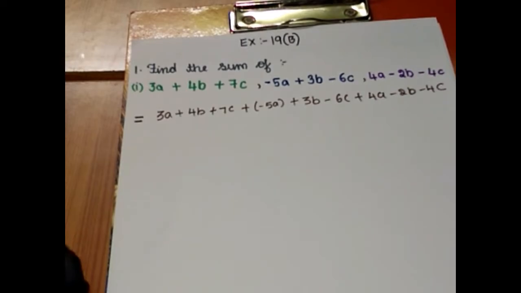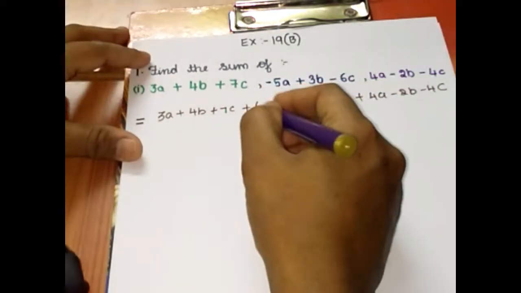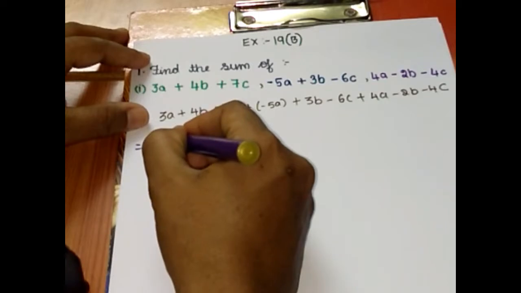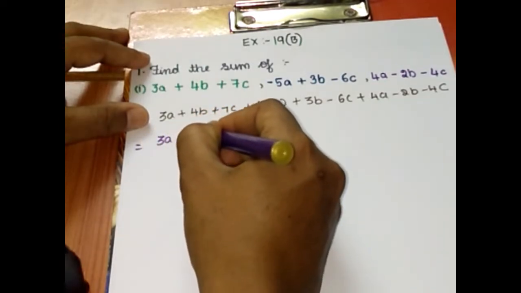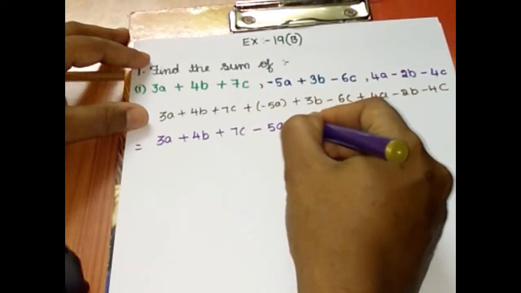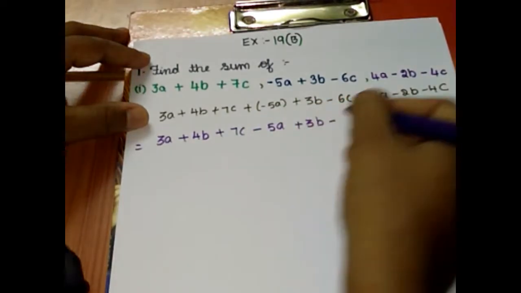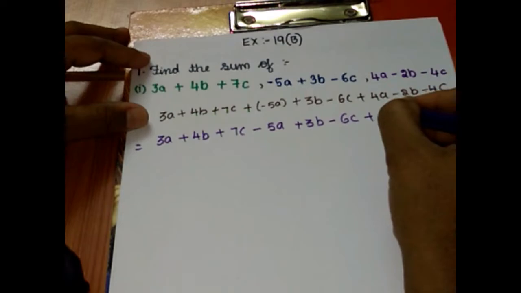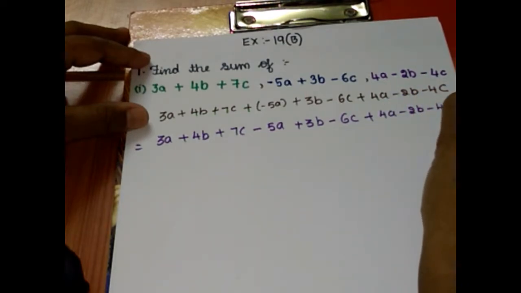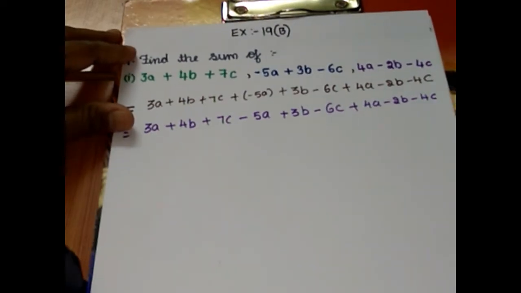In such a case we have to differentiate between the given two signs with the help of a bracket. Now let me open the bracket and write 3a plus 4b plus 7c plus (minus 5a plus 3b minus 6c) plus (4a minus 2b minus 4c).